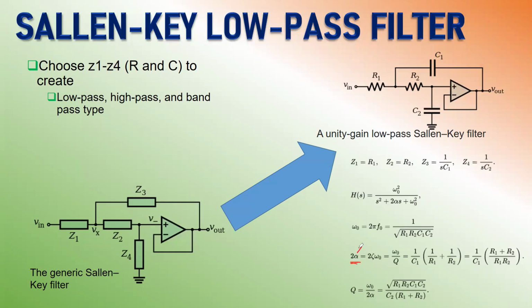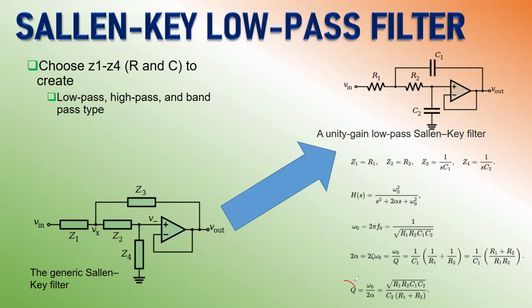2 alpha, where alpha is the attenuation factor. Zeta is the damping factor, twice zeta omega naught, which is omega naught by Q, where Q is the quality factor. After simplifying, you see that you have this equation: 1 over C1 in bracket (R1 plus R2) divided by R1 into R2.